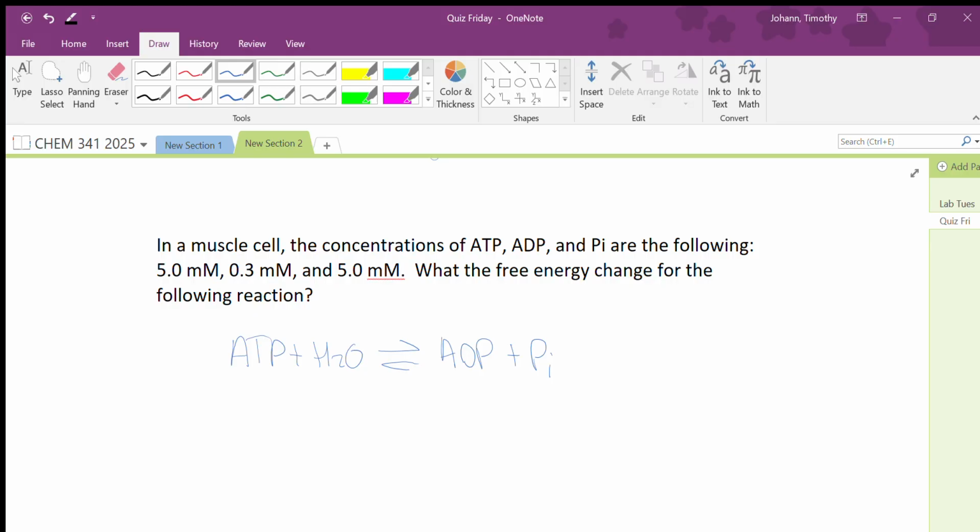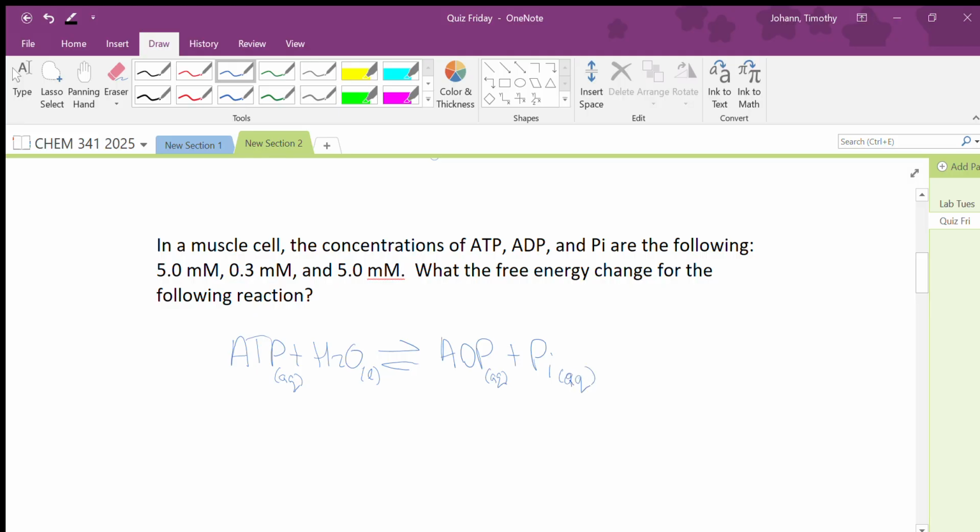It doesn't. The concentration of water is always built in. The concentration of the liquid or the solvent is built in. Remember that? If it's a liquid, if it's your solvent, or it's a solid, you don't worry about it. But the rest of these things are going to be aqueous. I'm mostly never going to write the states, but these are aqueous.